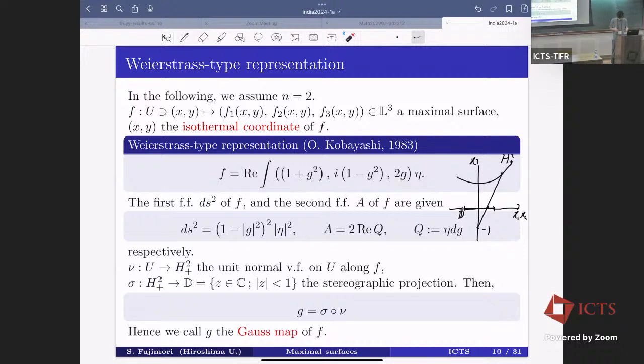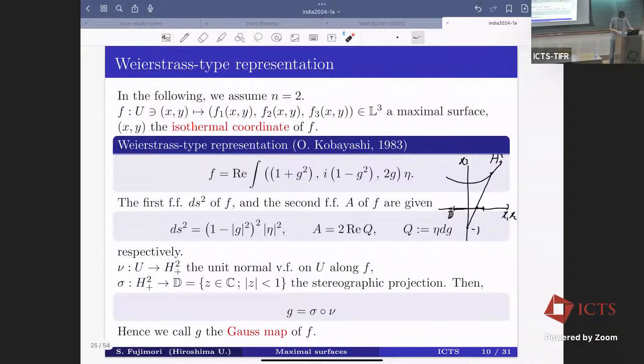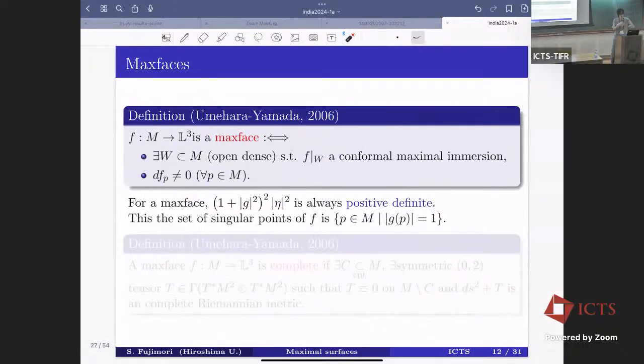In our setting of maxfaces, if we use the composition with this projection, then we have a minimal surface, really a minimal immersion. Okay. So we have a duality between maxfaces and minimal surfaces.